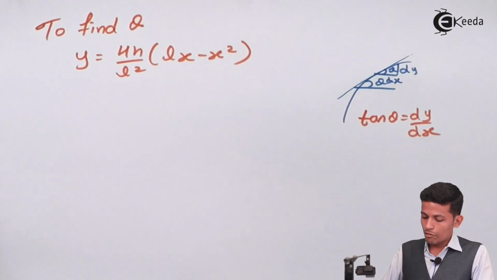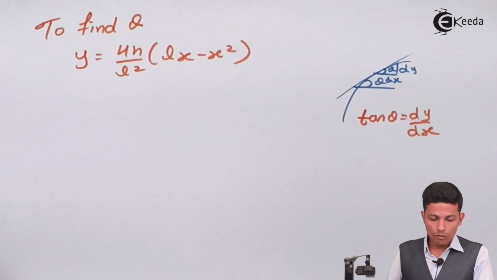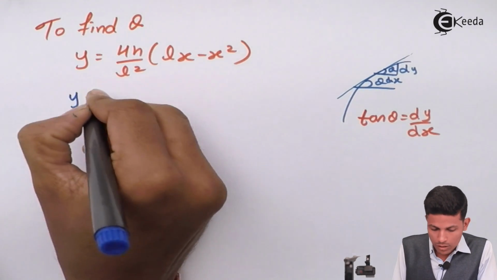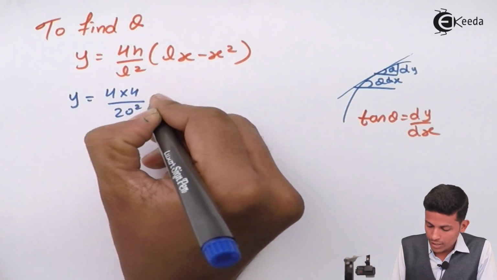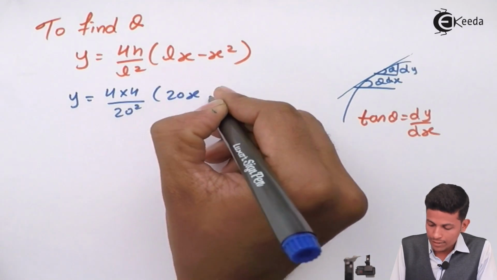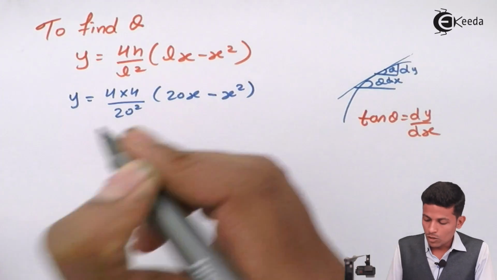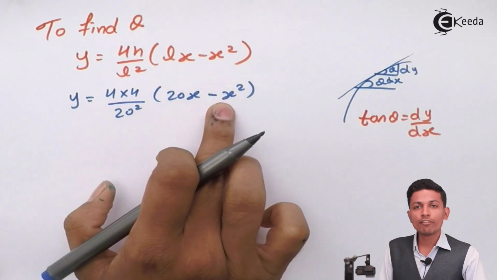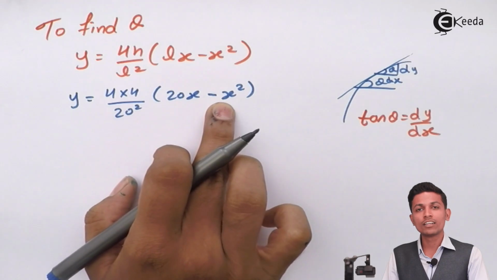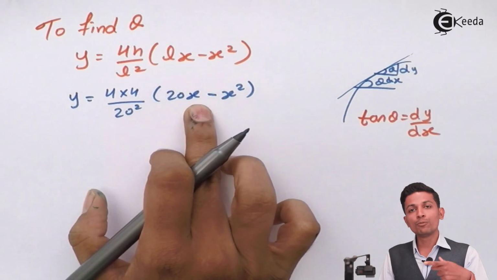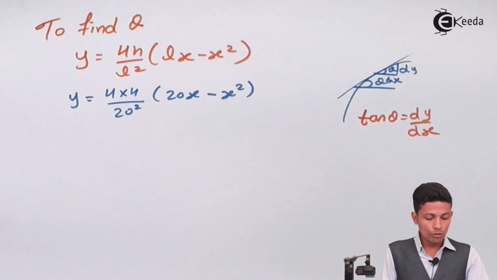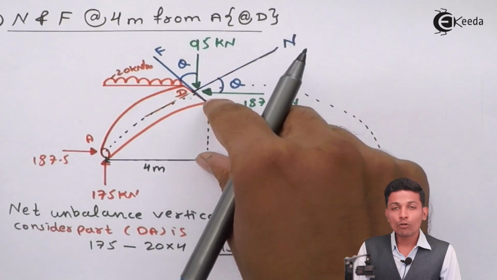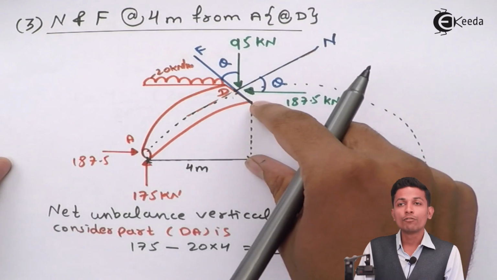So put the value of y over here, y is equal to 4 into 4 upon 20 square into 20x minus x square. Please listen carefully, don't put the x value. Although x is 4 over here, if you put the value of x we get the y distance, but we don't want the y distance, we want theta.